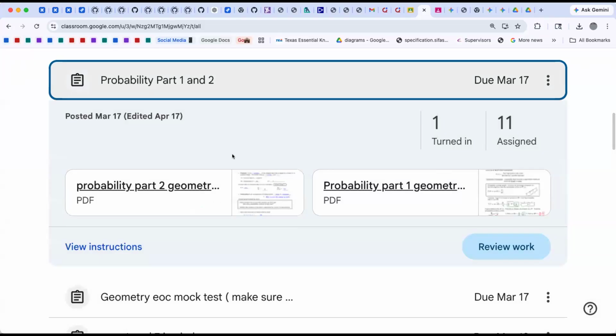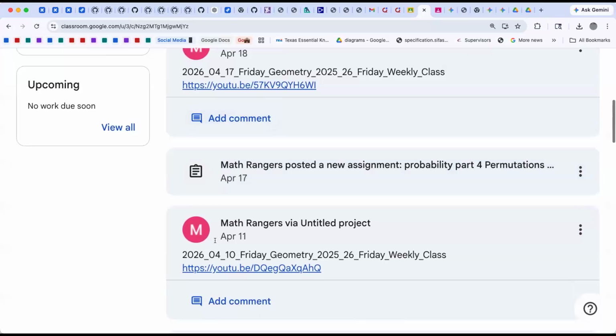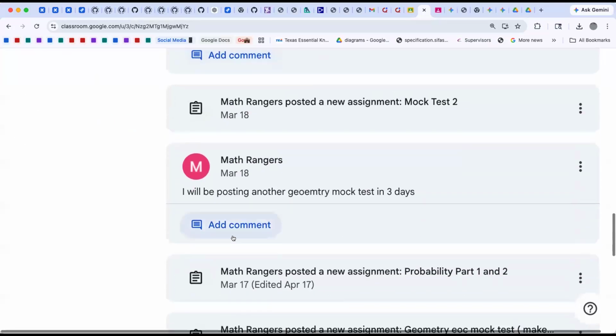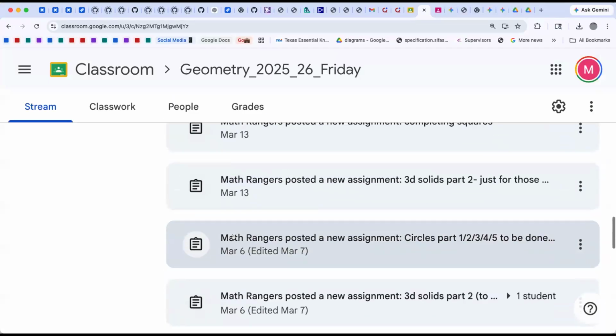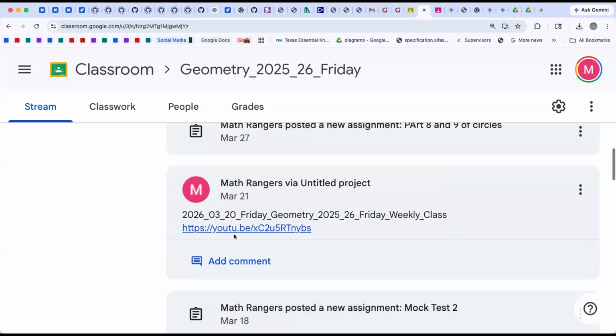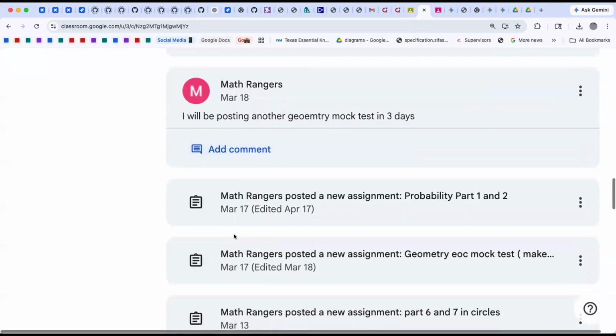Okay, let's see. March 17th, is it there? I can also check. March 17th should be here. March 21 is in here. I don't know about March 17th.